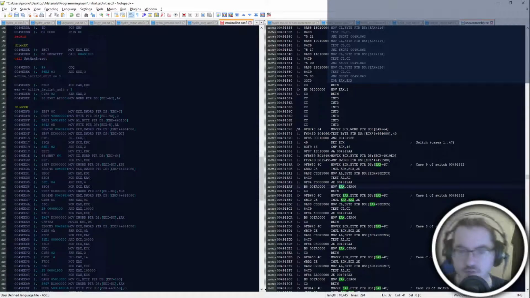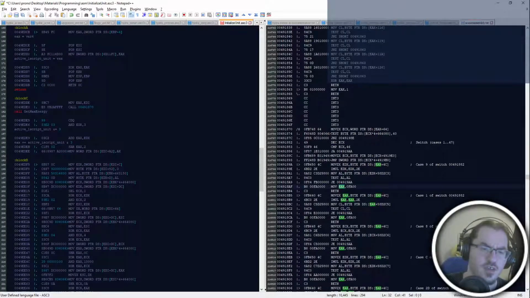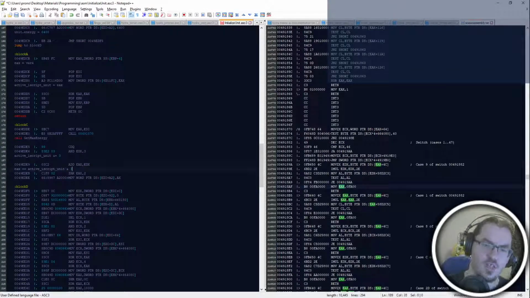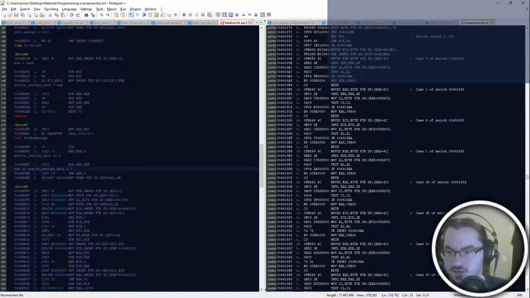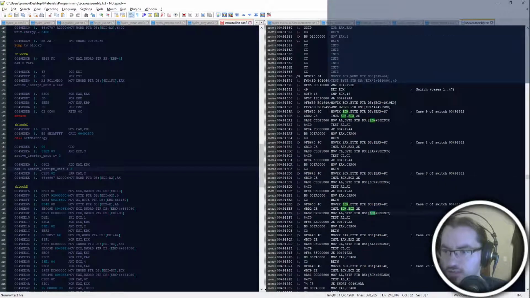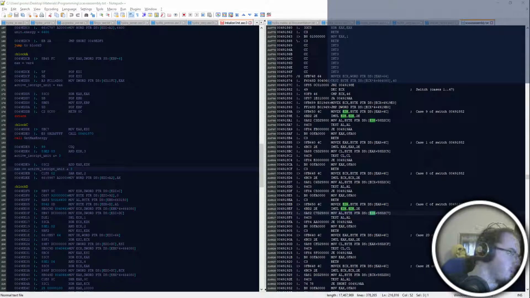So that pretty much resolves that, but I'm not sure why you would be doing a logical AND on the active iScript unit. Usually that's for flags or something. And I'm not even sure if EDX as a register is used in here. It looks like it is, but it's also written. It looks like it's just flat out overwritten with 4C, which I believe, let's see if we can find that.